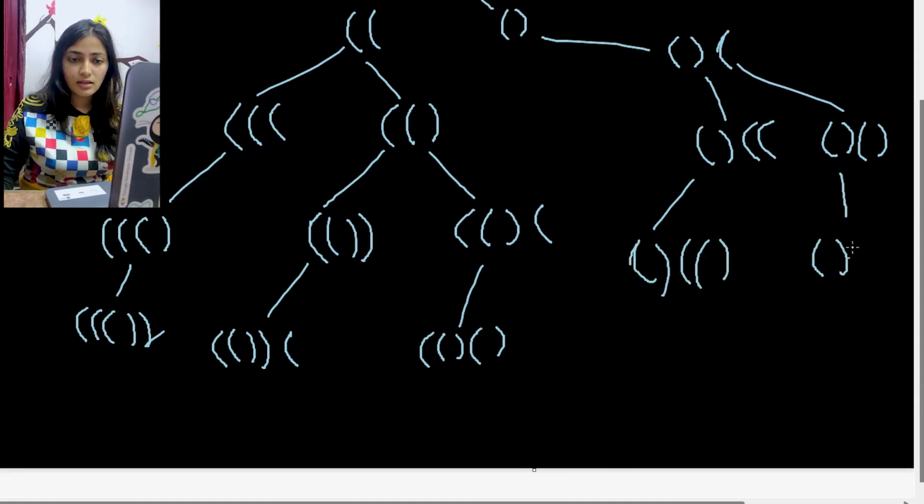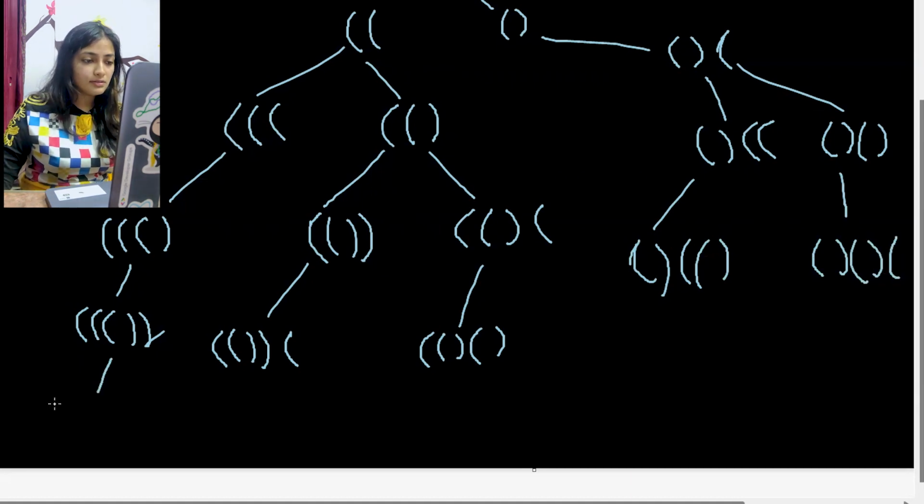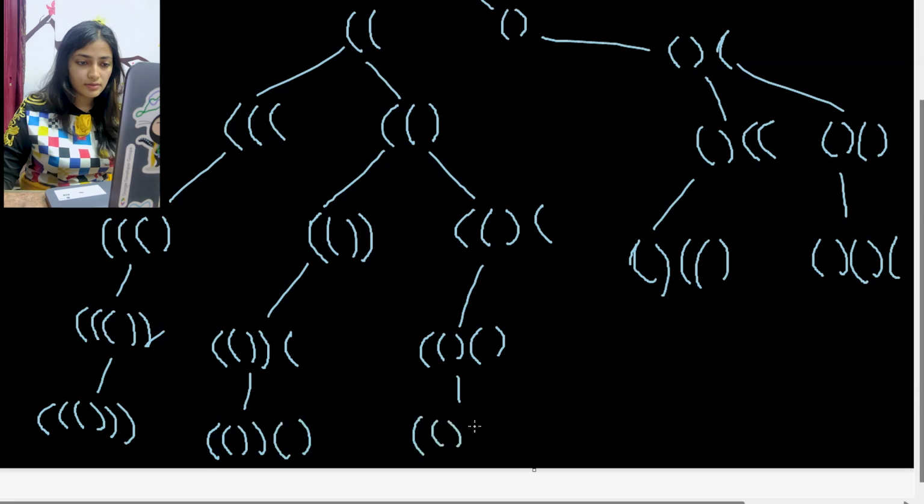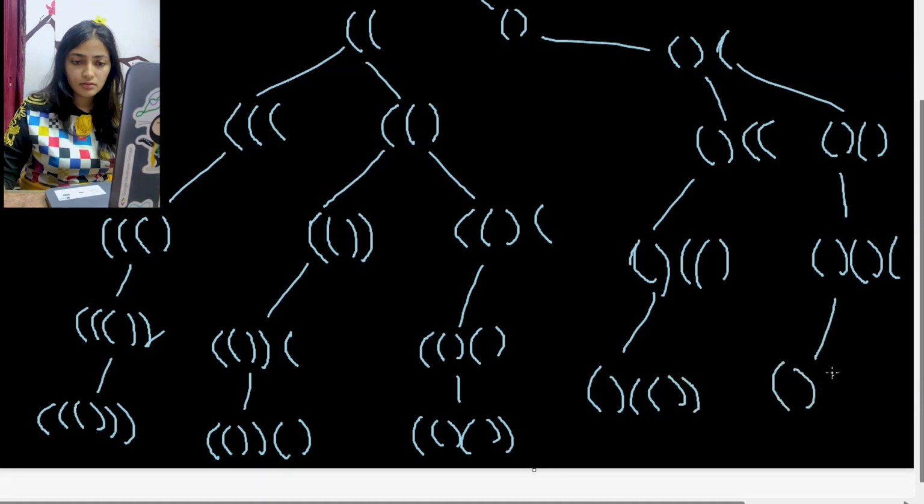In this as well, your only option is to have an open bracket. Now in this, finally you are closing all your brackets, and here you are closing all your brackets. Here also you are closing, and similarly you get all your combinations.